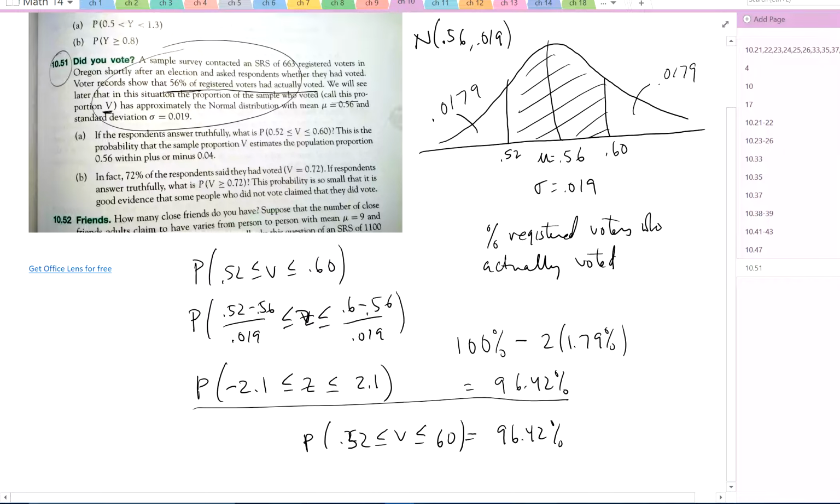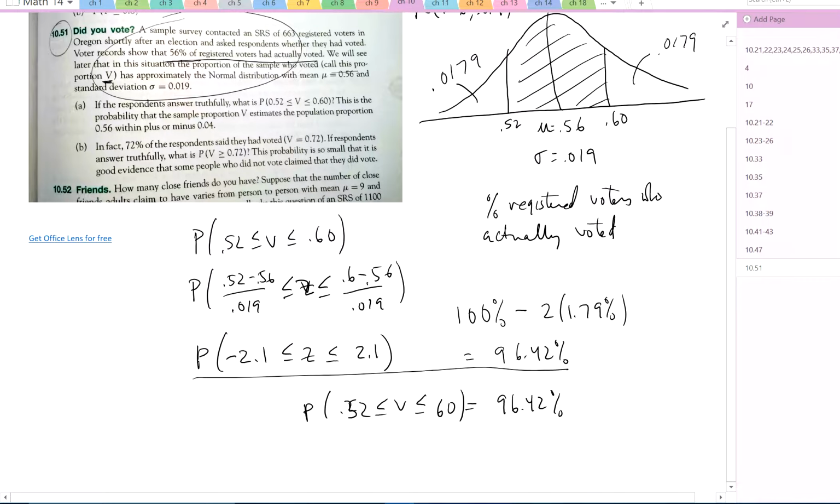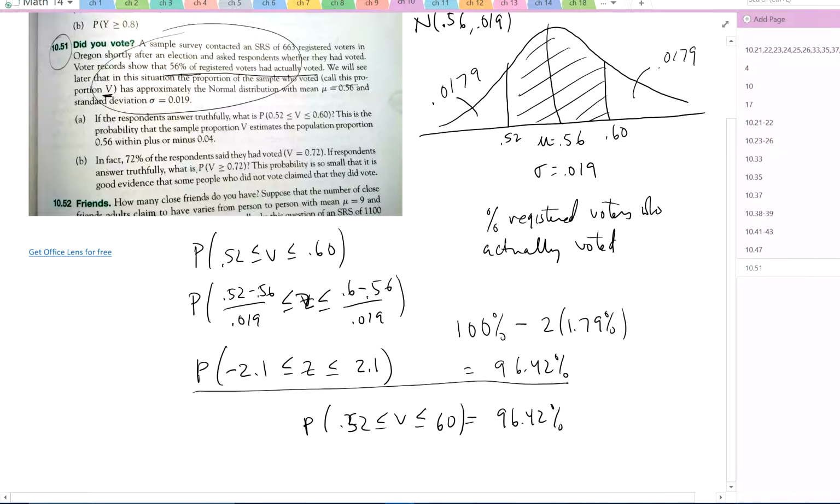Okay, and B. In fact, 72% of the respondents said they voted, so it's way up here, because this is from voter records. 72% said they voted. If the respondents answer truthfully, what is that probability?